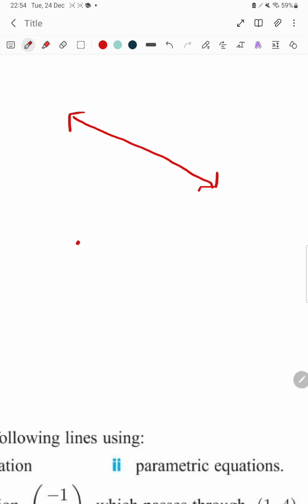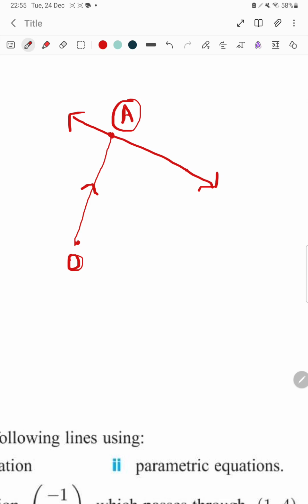Let's say here is the origin and here is a certain point on the line, and I consider it as A. Now this A to O, when I join this, will give me a position vector A. So I can give a direction like OA. I am giving the position of this point A, which is on the line, with respect to the origin. So this is known as a position vector.